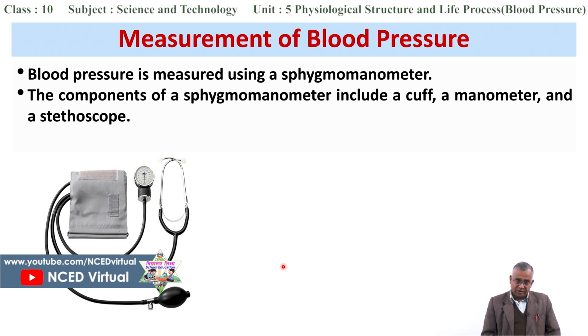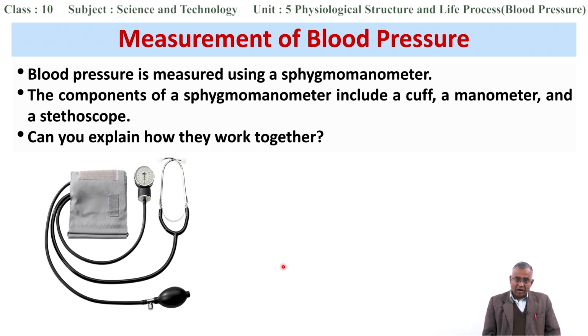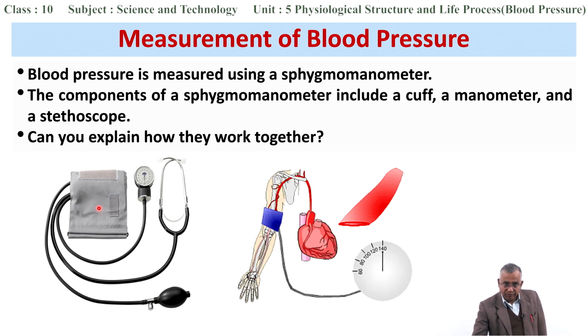You just identify the different parts: bulb, valve, stethoscope, manometer, which is in fact an aneroid barometer, and cuff. All together, it is a sphygmomanometer.